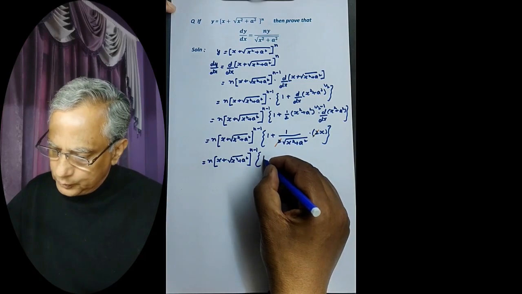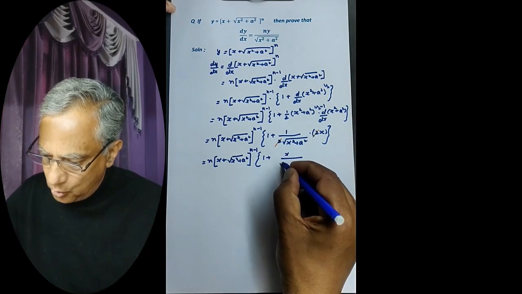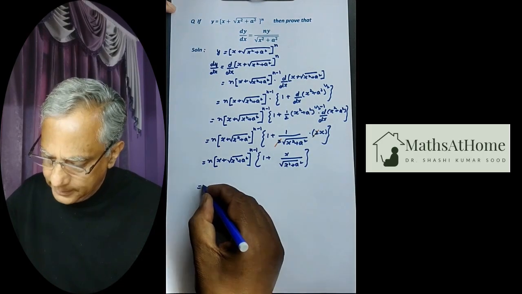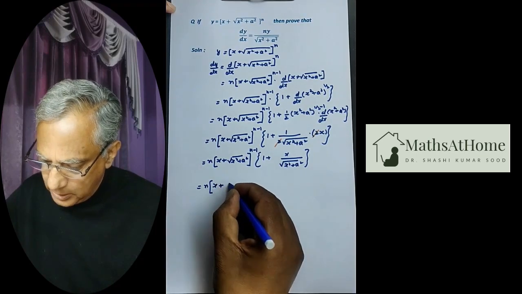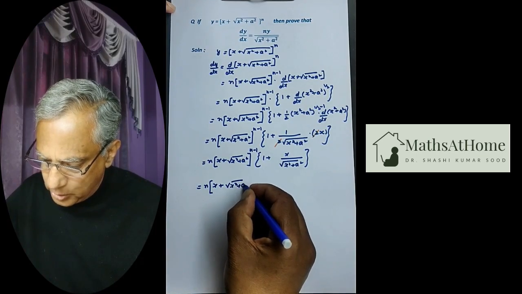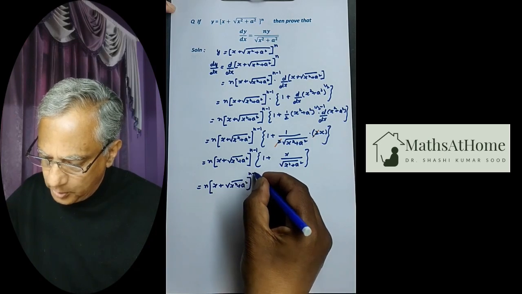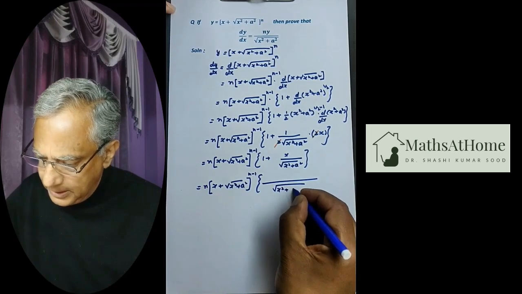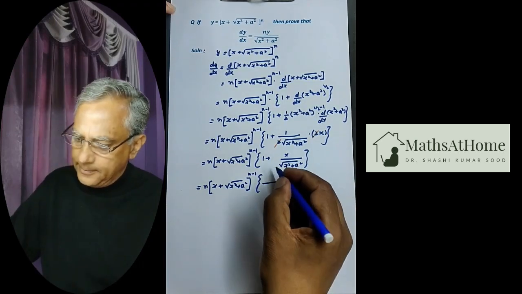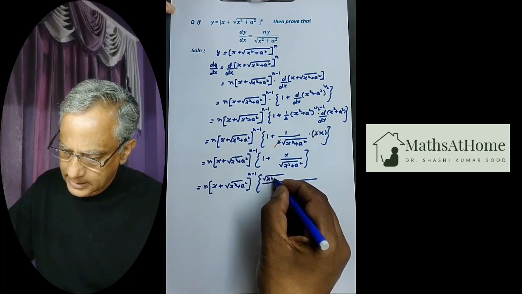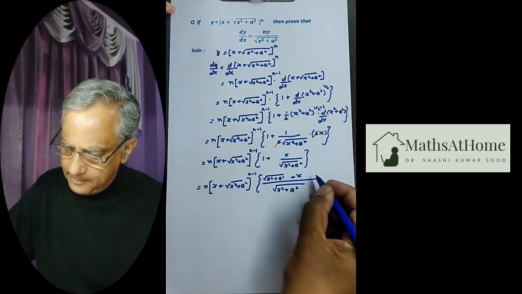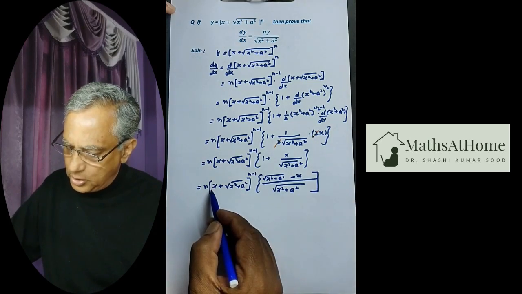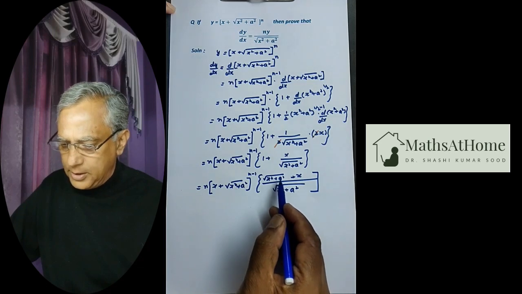This into 1 plus x over √(x² + a²), and this can be written as n into (x + √(x² + a²)) whole to the power of n minus 1, into, this is the LCM, √(x² + a²) + x over √(x² + a²). Now this is the same as x + √(x² + a²).